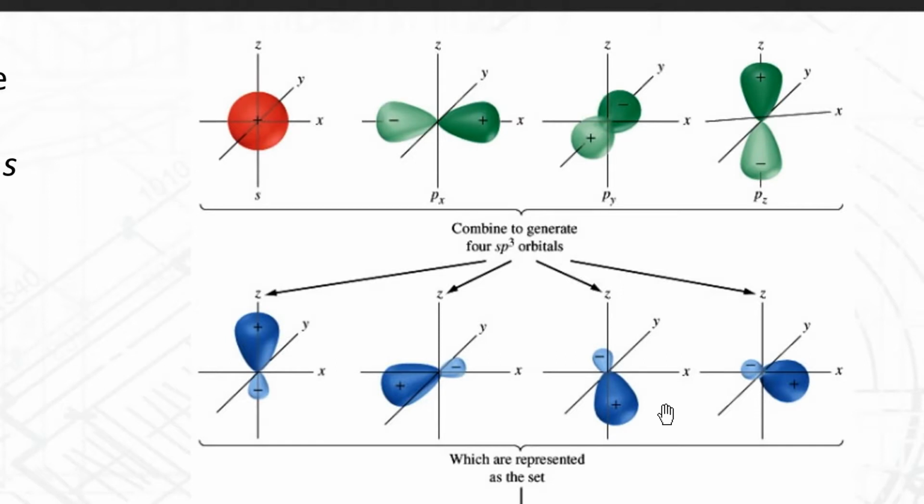Does anyone remember what the angle is between these orbitals? 109.5. 109.5, that's right. This is that classic tetrahedral bonding. If you wanted to spread those electron clouds as far apart as possible, you put them 109.5 degrees apart. Right, so this is that tripod-like tetrahedral configuration.